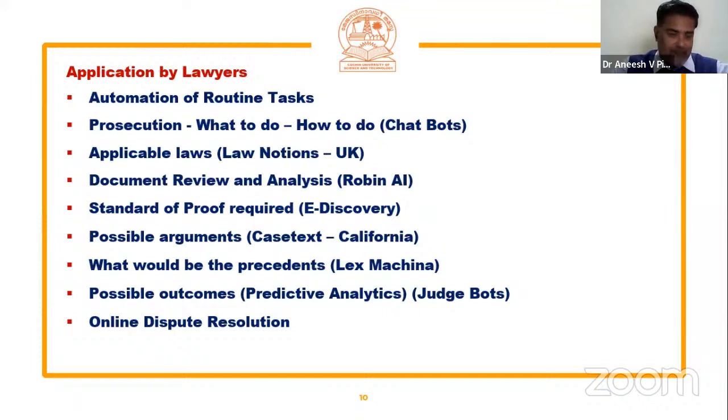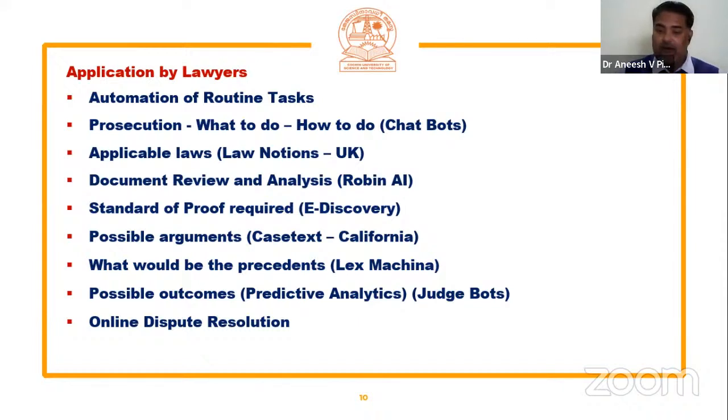Then Lex Machina. This is another interesting AI tool which will help a lawyer to generate the precedents or similar cases, very closely similar cases to your case. Then predictive analytics. There are so many judge bots created through artificial intelligence.